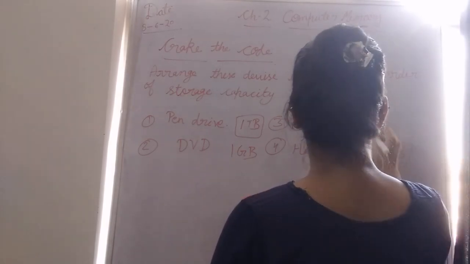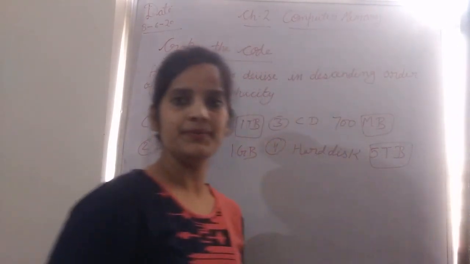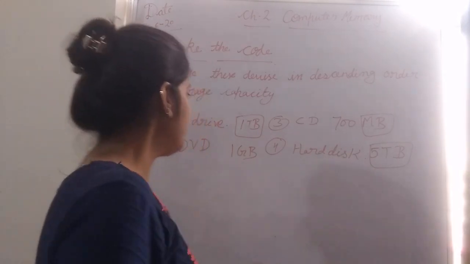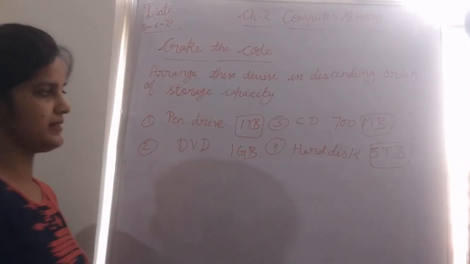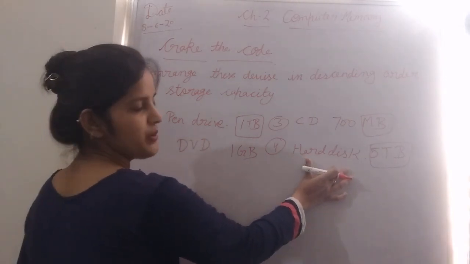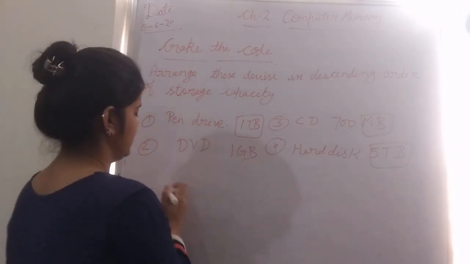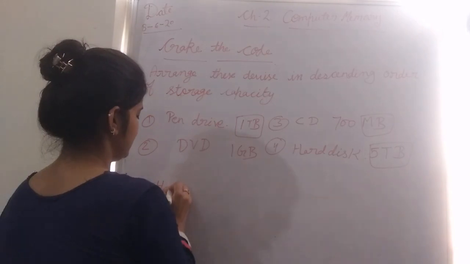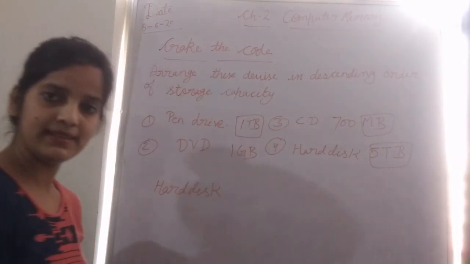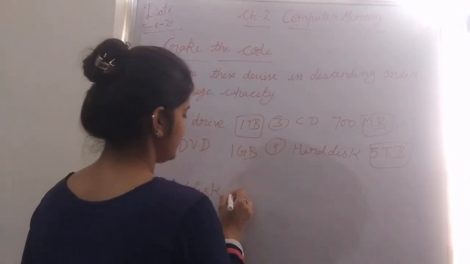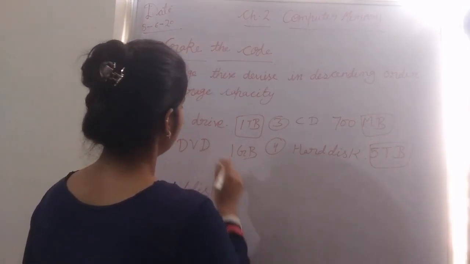So see student, here if you arrange them in descending order of storage capacity, the highest storage capacity is of the hard disk. So hard disk, mention it at first, then next is which one? Pen drive.